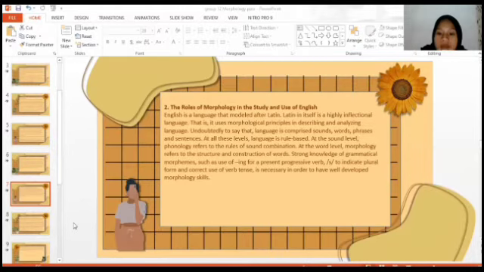Strong knowledge of grammatical morphemes, such as the use of -ing for the present progressive verb, the -s to indicate plural form, and correct use of verb tense, is necessary in order to have well-developed morphology skills.